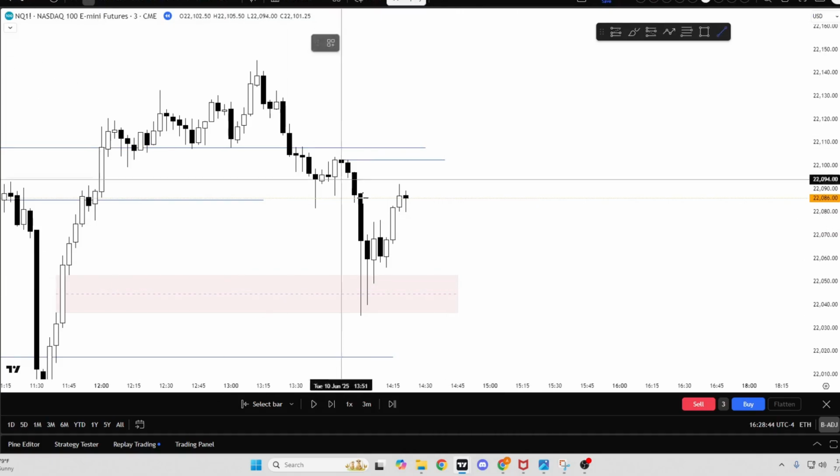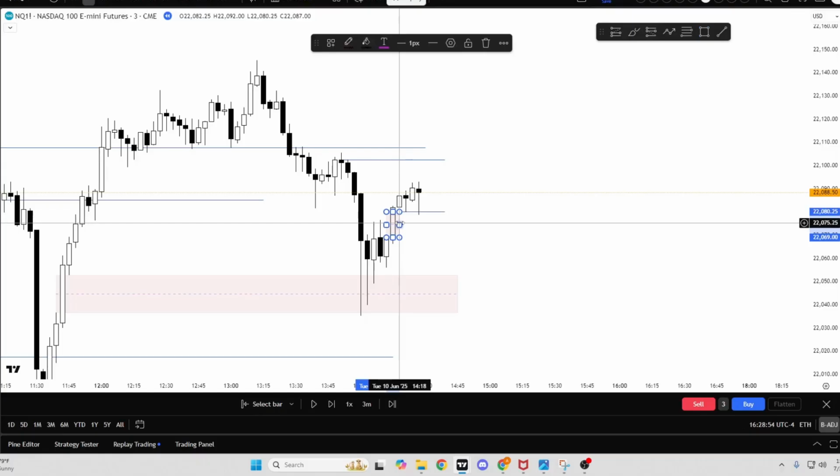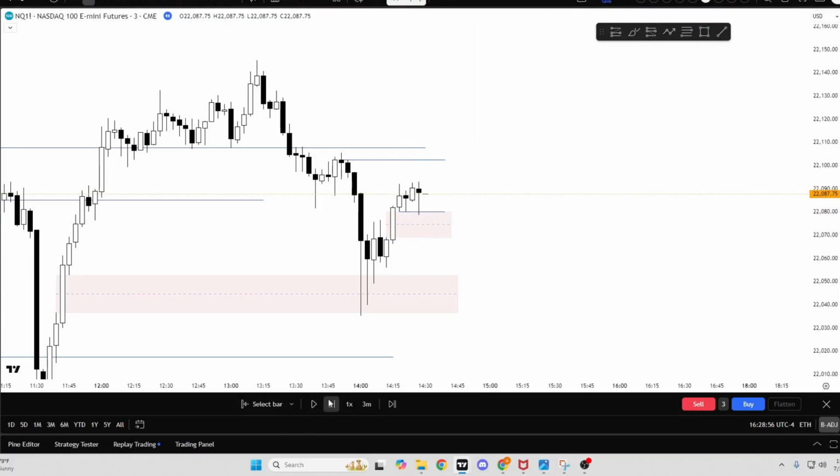So here we form this consolidation range, and then we run that low into this gap, and we get away from it. So this is the new 30-minute candle. This is a 30-minute wick.